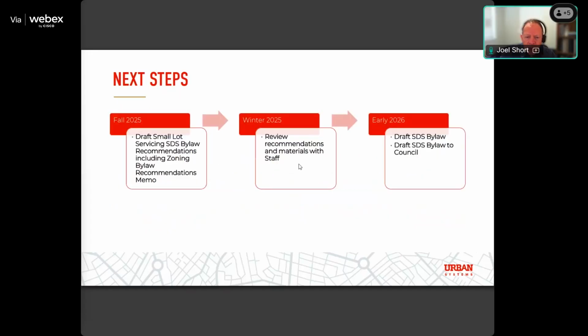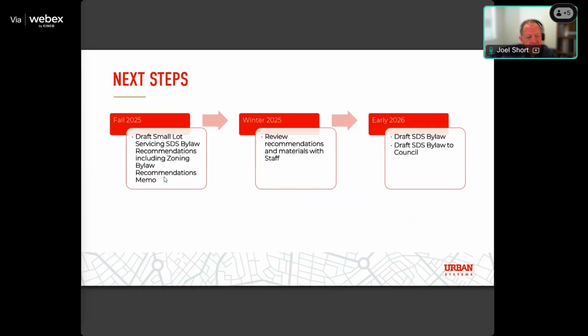Okay, thank you very much. I did have one last slide just on the next steps of this subdivision servicing bylaw. One thing that I'm picking up is, okay, lanes are a concern, but we still have the issue with the lots.